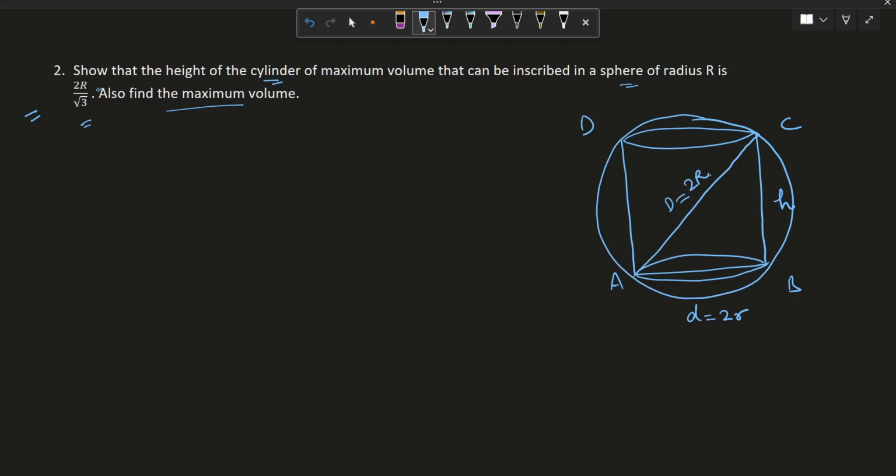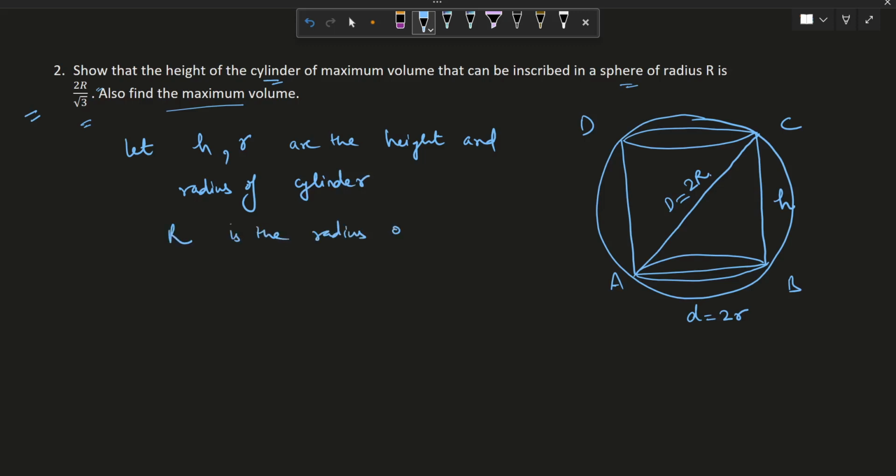So let's say h comma r are the height or altitude and radius of cylinder. Fine. Capital R is the radius of sphere. Now from here, I have this as a right angle triangle.